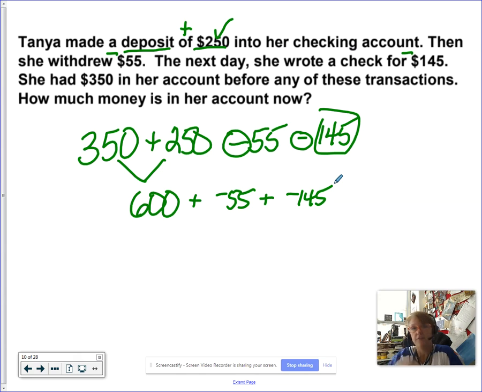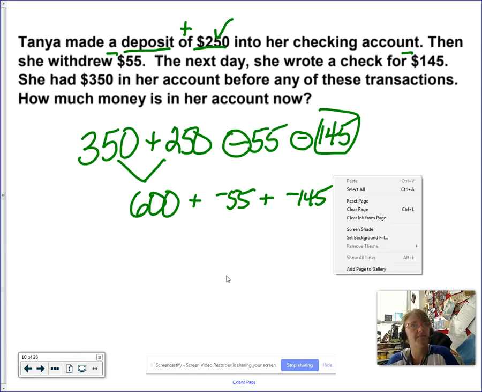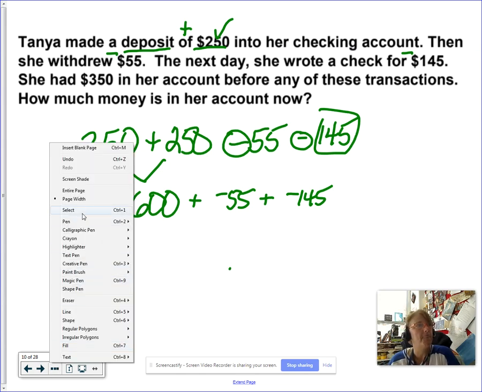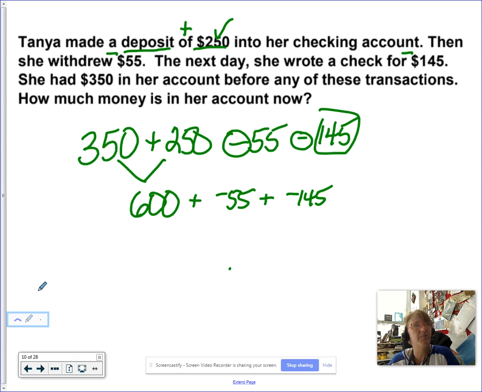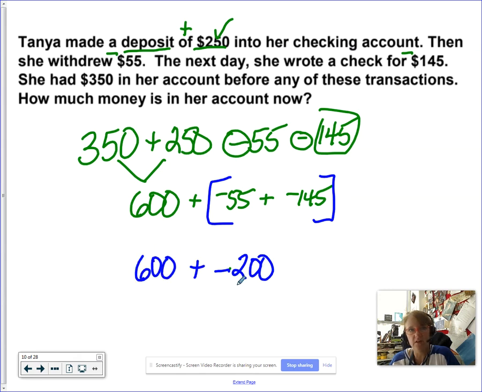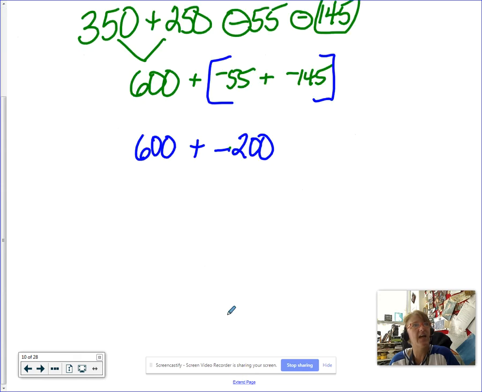Now, you could go left to right if you want, totally fine. Or what I'm going to do, because I happen to see that if I grouped these two together, that negative 55 and negative 145 is the same as negative 200. And I have a positive 600, and that leaves me with exactly positive 400.